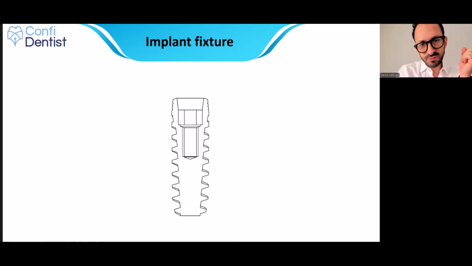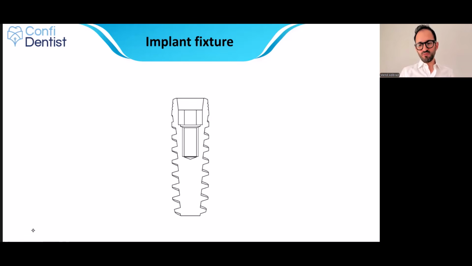Okay, so for that reason, we go with the smaller thread designs so we can have enough thickness in the neck area, which prevents the likely fracture of the implant body. Okay, so I will talk about implant fixture design in more detail in the coming slides, but this was just a short and brief introduction of how the implant fixture design works.